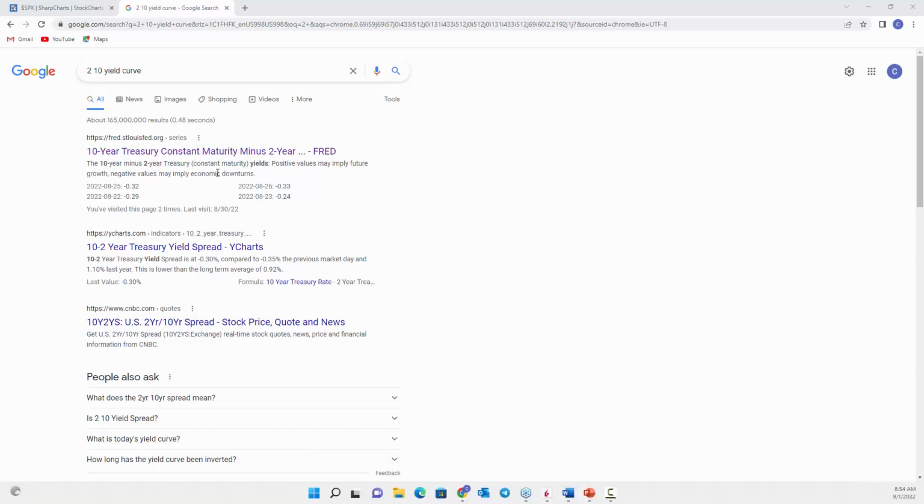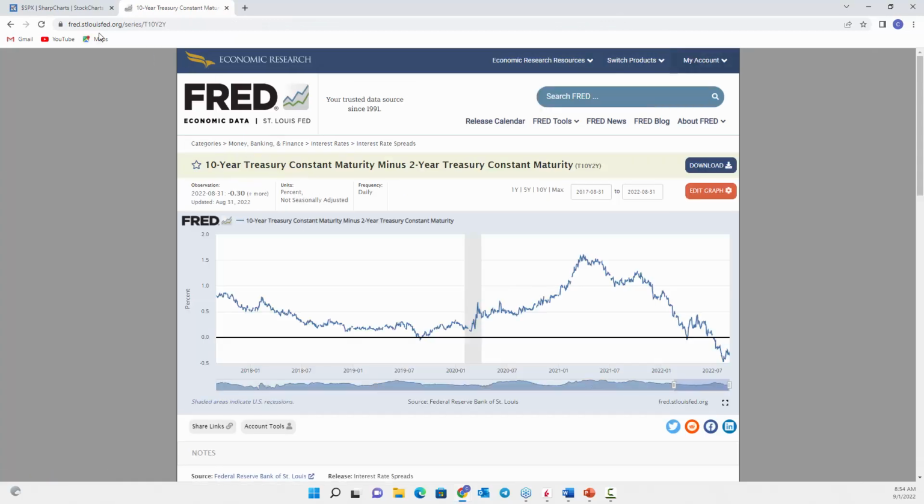Let's look at this chart. So see the stlouisfed.org. This is where you can get a lot of different reports. If you want to go look up GDP reports, if you want to look up M2 money supply, I mean, anything you can think of. This is the Fed database, the St. Louis Fed. So see how they call it the FRED there.